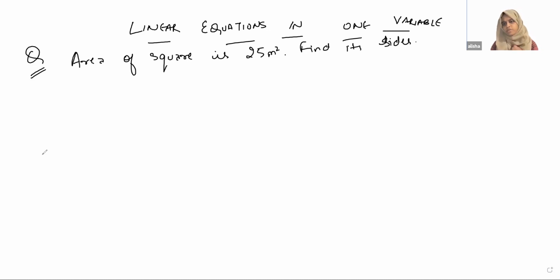What is the area of square, Soban? S into S. Right. S into S. So what will you do? 25 divided by.